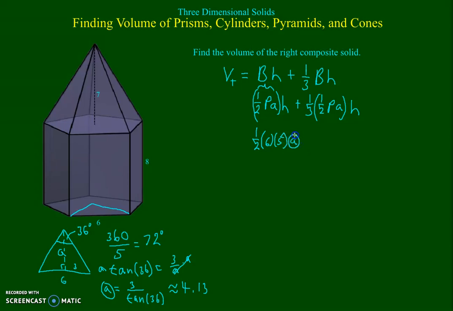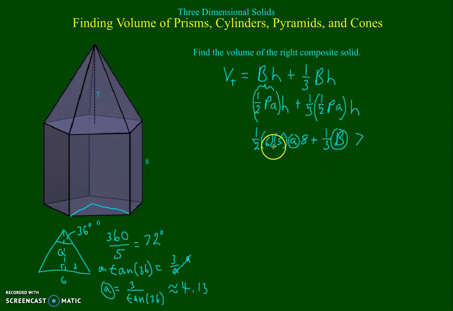So we'll make sure we know that that's a stored value. Times the height. Well, the height of the prism is 8, so that's times 8. Plus 1/3 big B. This is just area of the base, so I'm going to put that in there because I'm going to actually store the area of the base once I get it. And that's times the height of this pyramid, which is 7.